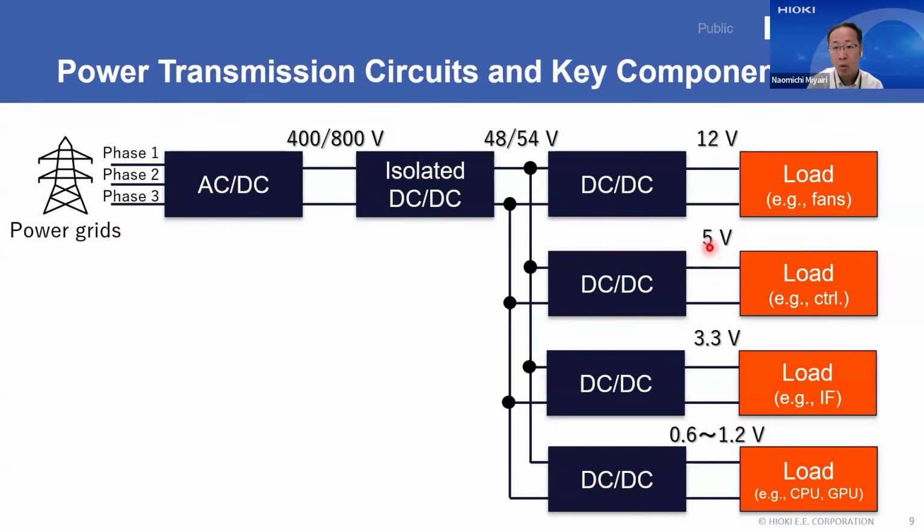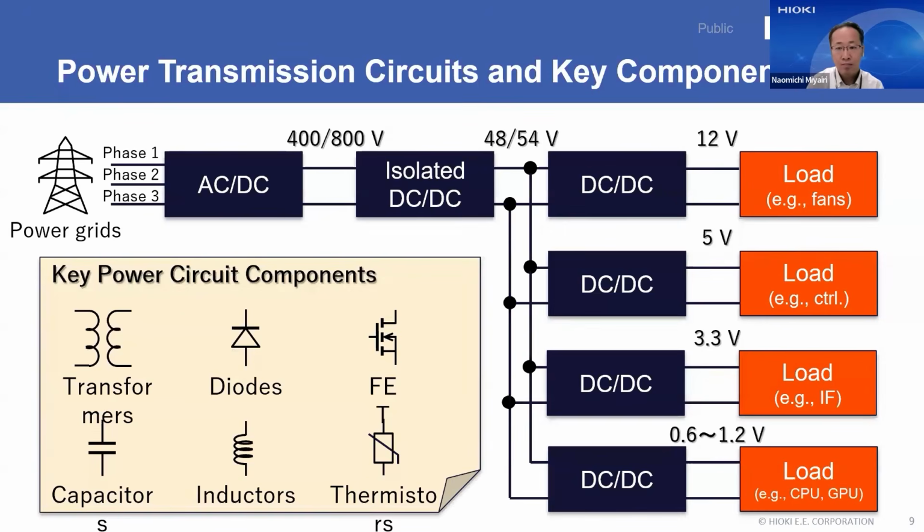And non-isolated DC to DC converters generate the voltages each load needs, roughly 0.6 to 12 volts. The key components supporting these power conversions are transformers, diodes, FETs, capacitors, inductors, and thermistors as well. Thermistors have also been gaining a lot of attention as thermal management becomes increasingly critical.